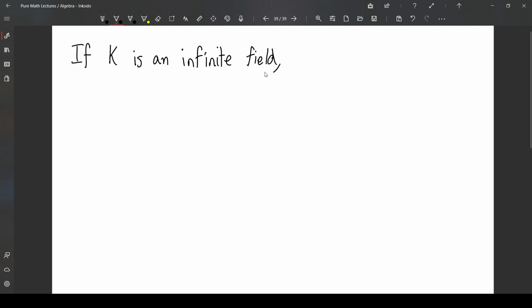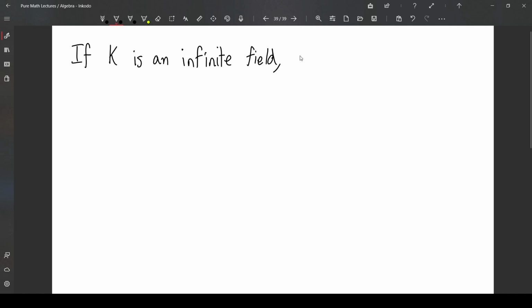I'm not going to talk about finite fields, mostly because they just kind of mess with things, and they're not hard to study on your own once you get the general feel for field theory. So we're going to assume K is infinite, right? So it's at least countable, right?